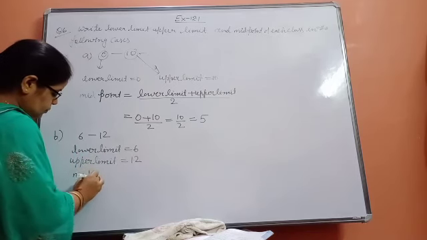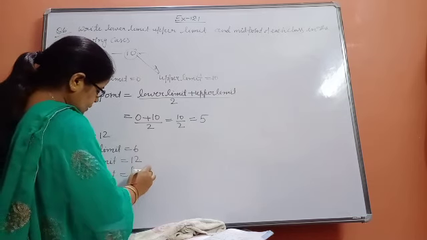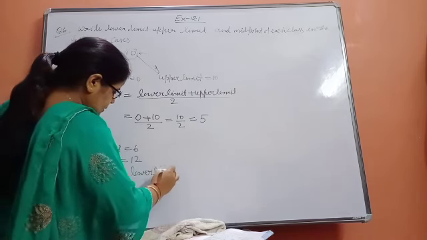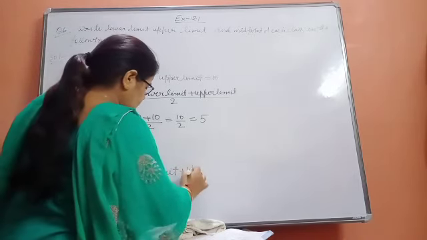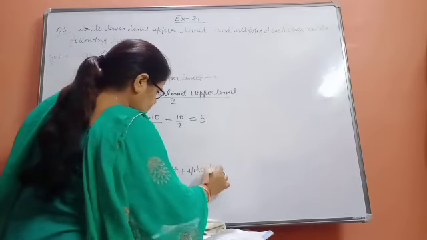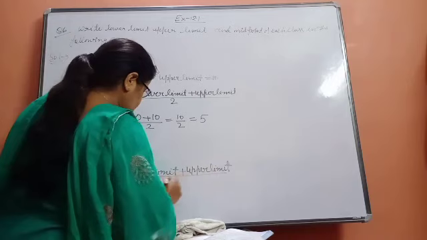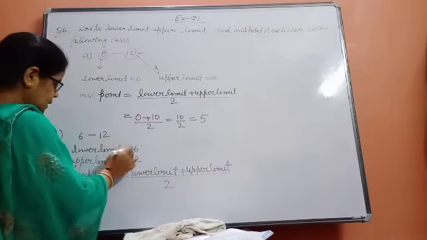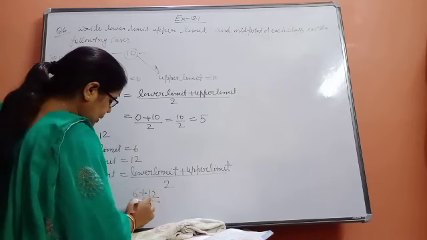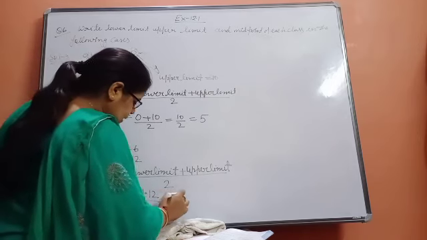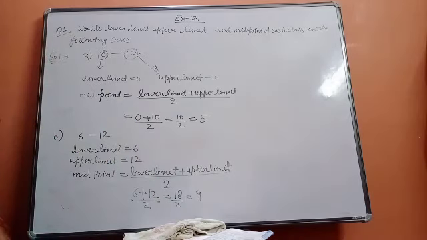Midpoint is equal to lower limit plus upper limit divided by 2. Lower limit how much? 6 plus upper limit 12, divided by 2. 12 plus 6 is 18 upon 2. What will be your midpoint? 9. So in this way it's very simple.